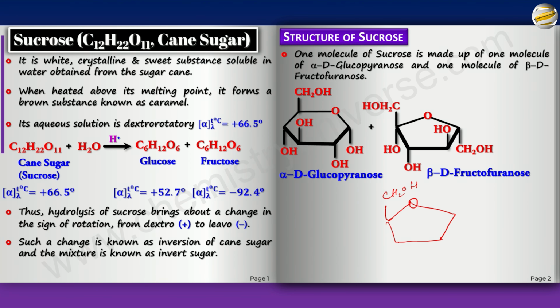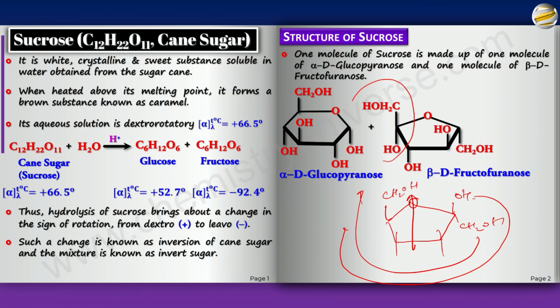For beta, you put the OH on top and the CH2OH at the bottom, and then things go right and left based on wherever the OH groups are. What I've done is I've flipped this around the axis in the plane of the 5-membered ring. So when I flip, this thing goes on top and this thing goes at the bottom. It is like this.